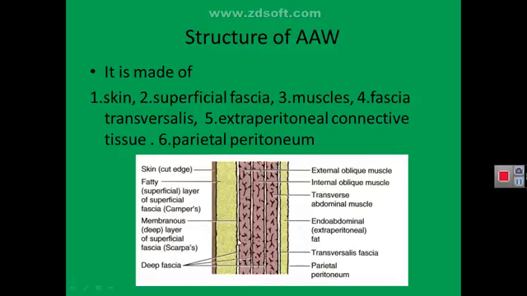Deep to Scarpa's fascia is the deep fascia, and actually the deep fascia here is only represented by the epimysium of the muscle. It is only a thin deep fascia, and then you will have extraperitoneal connective tissue.